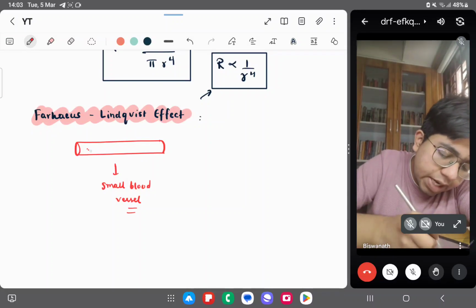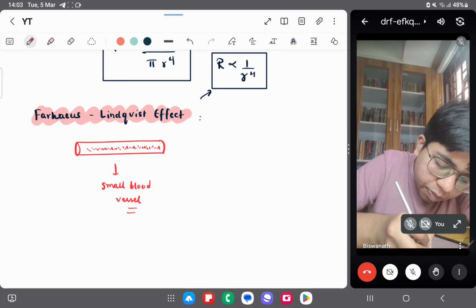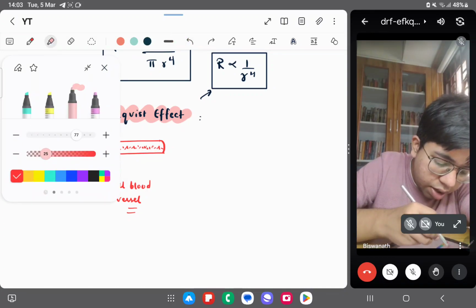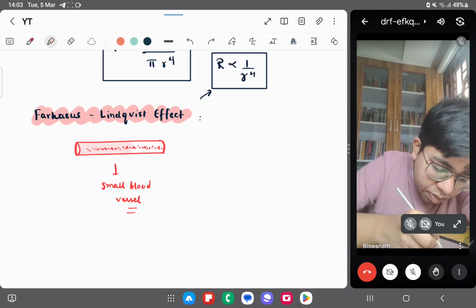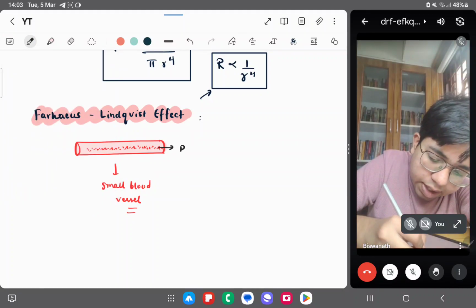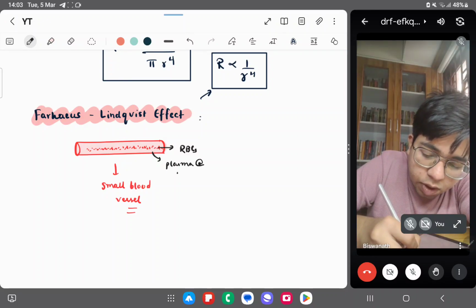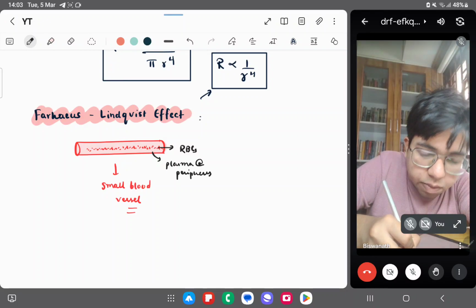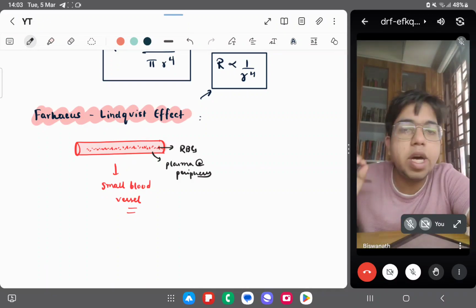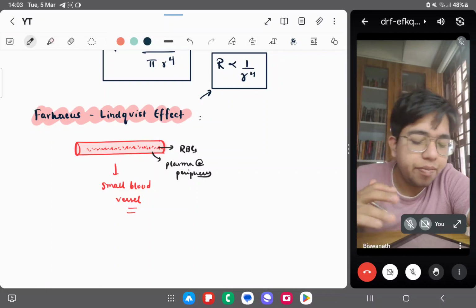So basically all the RBCs are coming to the center of the tube, and the plasma is localized to the wall. Here in the center you have RBCs and plasma at the periphery. So the net change in viscosity per unit change in hematocrit is smaller in the body as compared to in vitro.